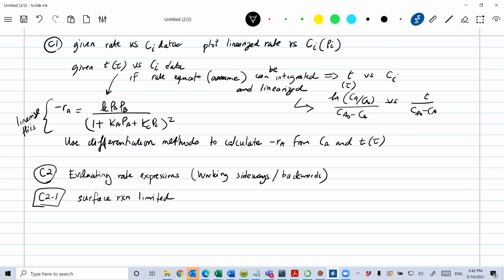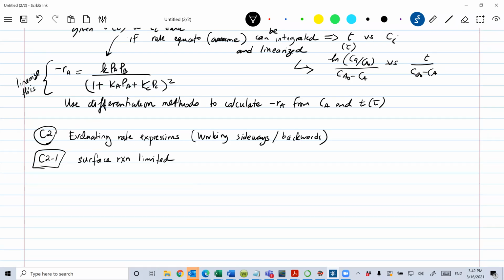So let's say now we get to thinking about what your reaction rate expression should look like. Whether it's from a mechanism or from data, what could it look like? So let's say we have a surface reaction limited reaction mechanism.